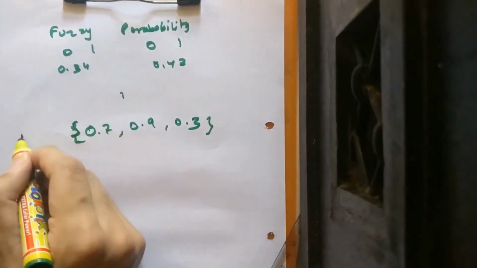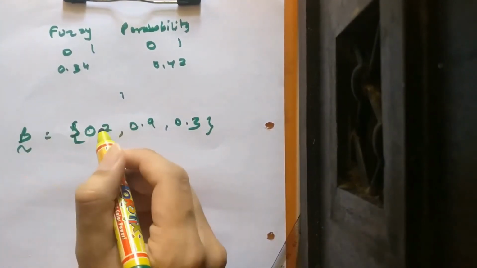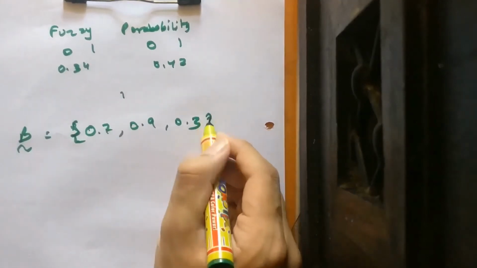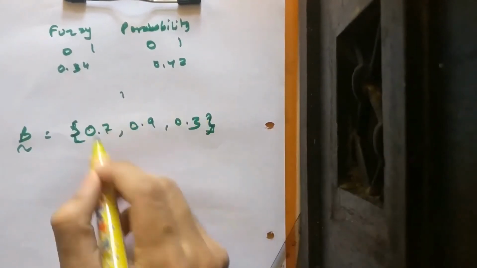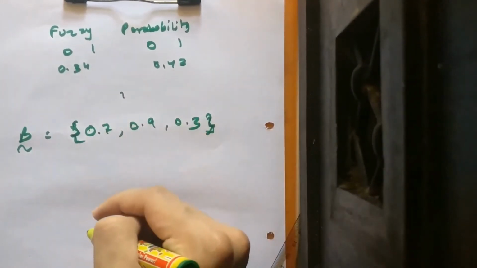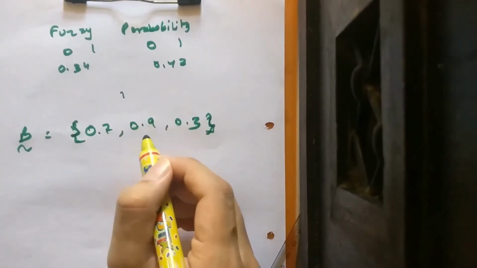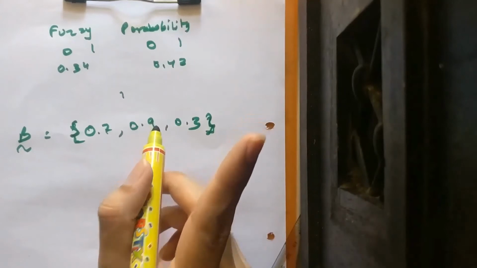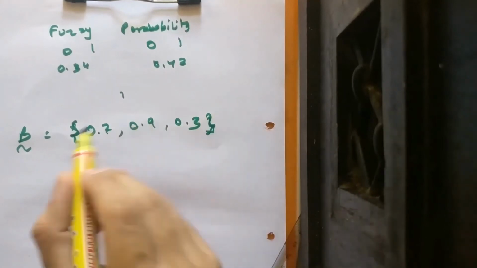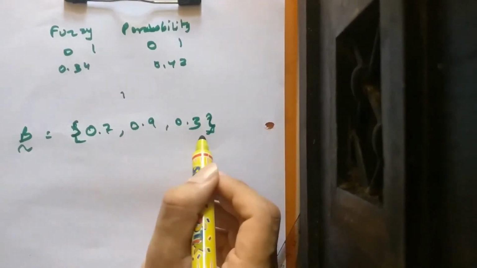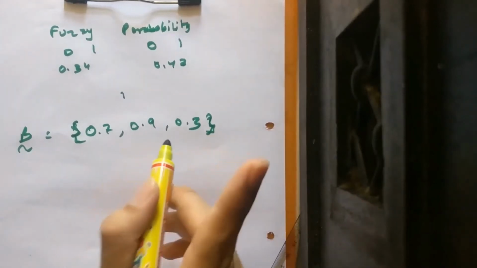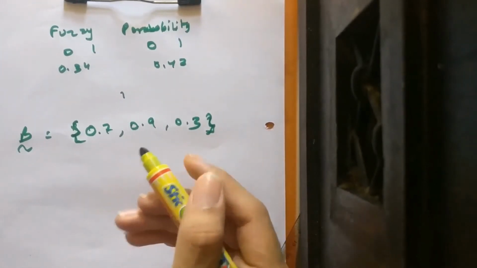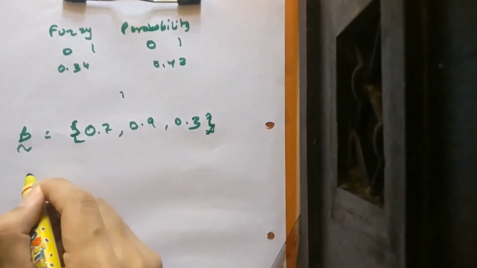Let's call this B fuzzy. These are the values with which the crush liked you back. Now the probability of the crush liking you back is taken as 1 because we are already determining how much they like you. So the probability of them liking you back is 1.